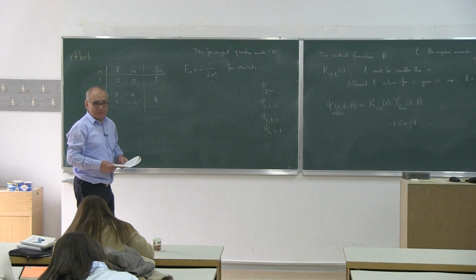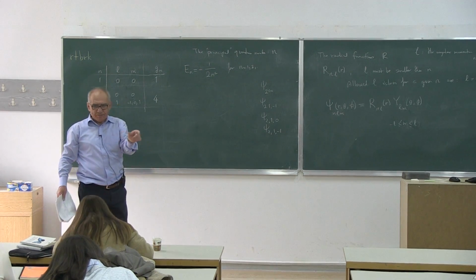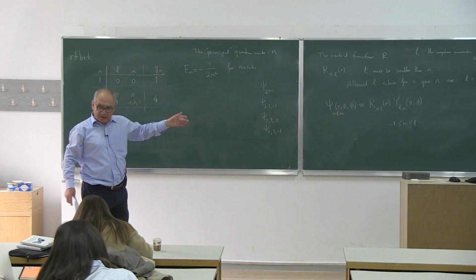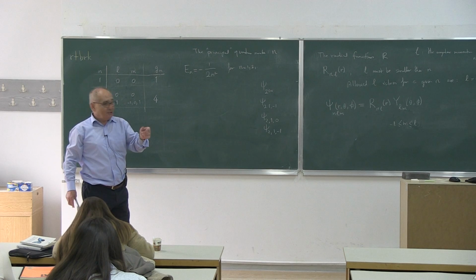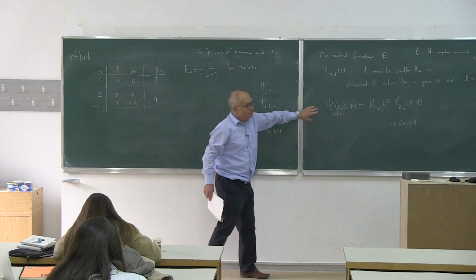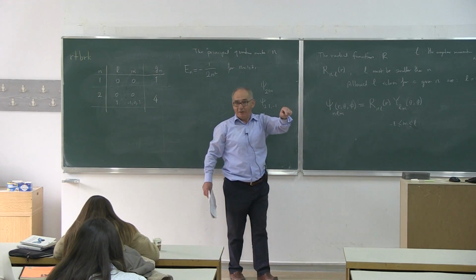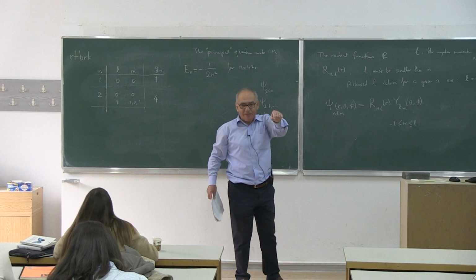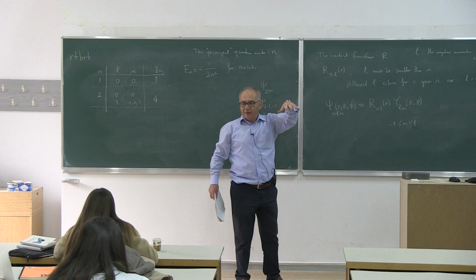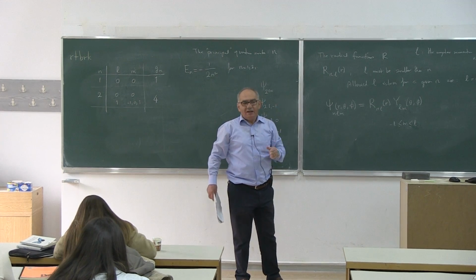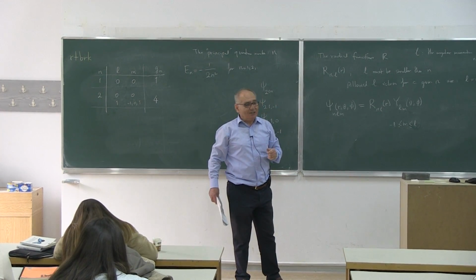It turns out, when you count in this way, the number of different functions of this form for a given n, remember, when you specify n, it means you have specified the energy, for a given n, the number of different functions is n squared.